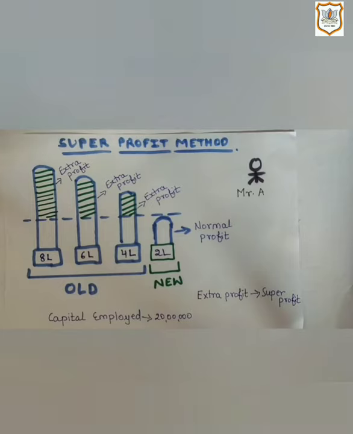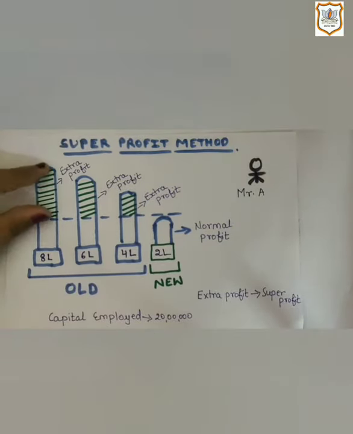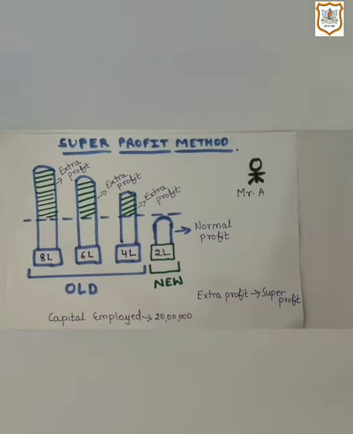So under this method, what we are going to do? We are going to take super profit of this business, extra profit of all these old businesses, which we call super profit. And then we multiply it with the number of years purchased.